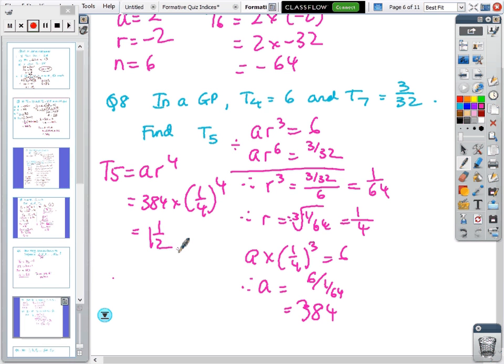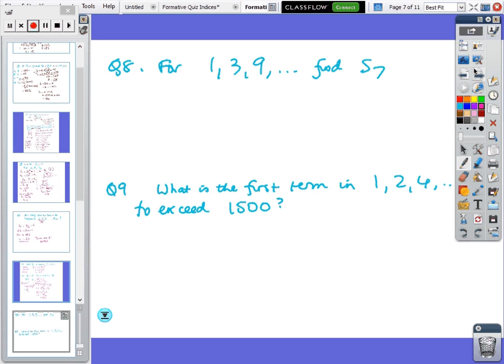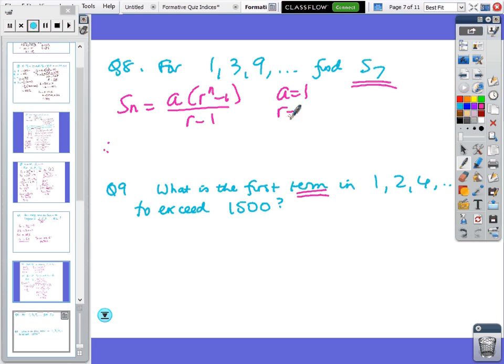Okay, come across. For 139, find S7, and what's the first term to exceed 1500? This one's a sum and this one's a term. Have a go when you're ready. Sn equals a times r to the n minus 1 over r minus 1. So a is 1, r is 3, n is 7.